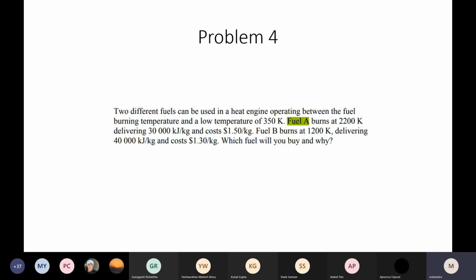Now when you are using a certain reversible cycle over here, which fuel would you choose? That is the question. I hope somebody has already solved it. Can anyone tell me the answer? If you have solved it already.